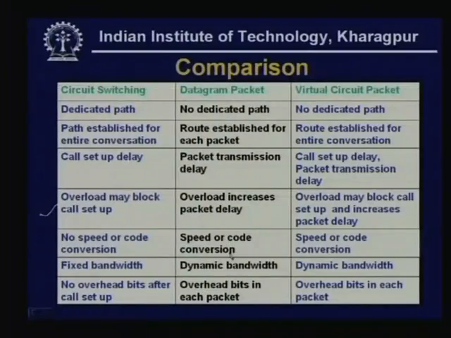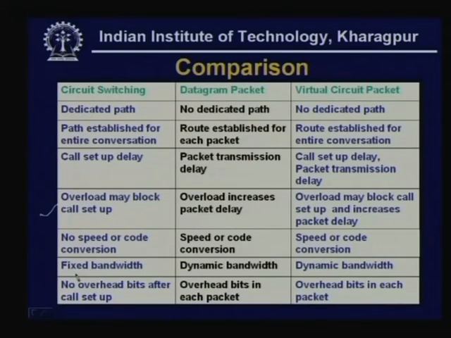On the other hand, from one node to another node, it can be time division multiplexing, and data transfer can take place at a much higher rate, and code conversion is possible. So, various encoding techniques and different speeds are possible in intermediate nodes. That is true not only for datagram packet switching, it is also true for virtual circuit packet switching.